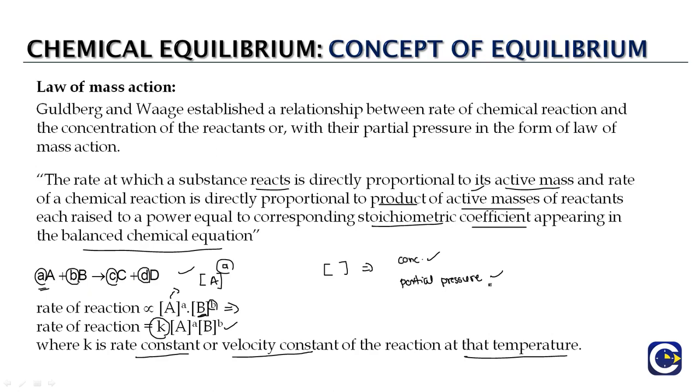We'll study more about this law in chemical kinetics, but the reason we are introducing it is that we need to understand that the rate of the chemical reaction, the rate at which the reactants are getting consumed or the products are getting formed, depends on either the concentration values or the partial pressure of the reactants. This means that if the concentrations or partial pressures of the reactants are more, then the rate of the reaction will be more, and if they are less, then usually the rate of the reaction will be less.